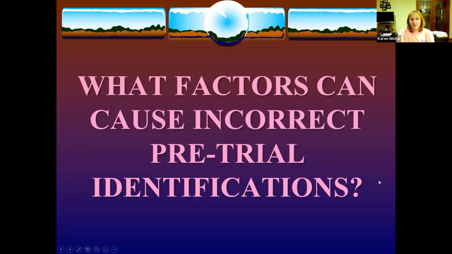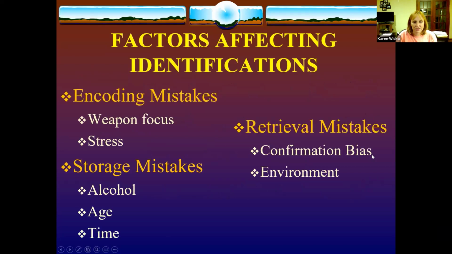Okay. So one other thing I want to talk about is what other factors could lead to an incorrect pretrial identification? What other things can influence a witness into making a false identification? We talked about the 3 steps of memory. There can be errors in all 3 of those steps that can affect the pretrial identification.